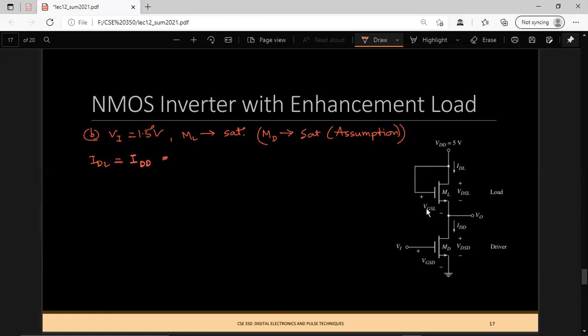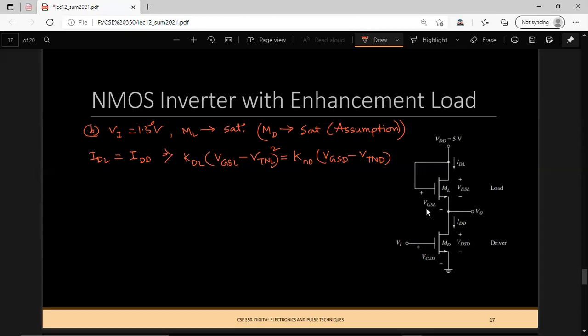So it will give us KDL, VGSL minus VTNL square equals KND, VGS minus VTND square.